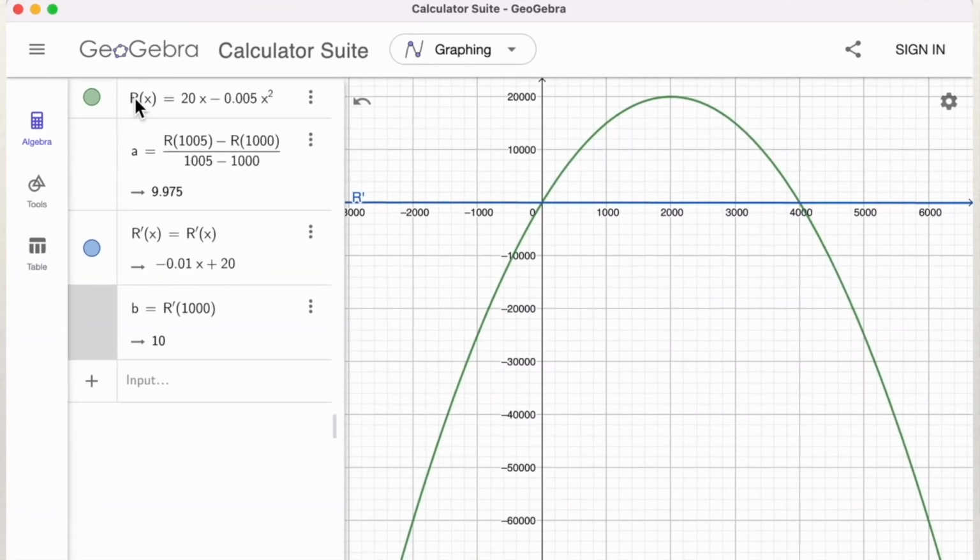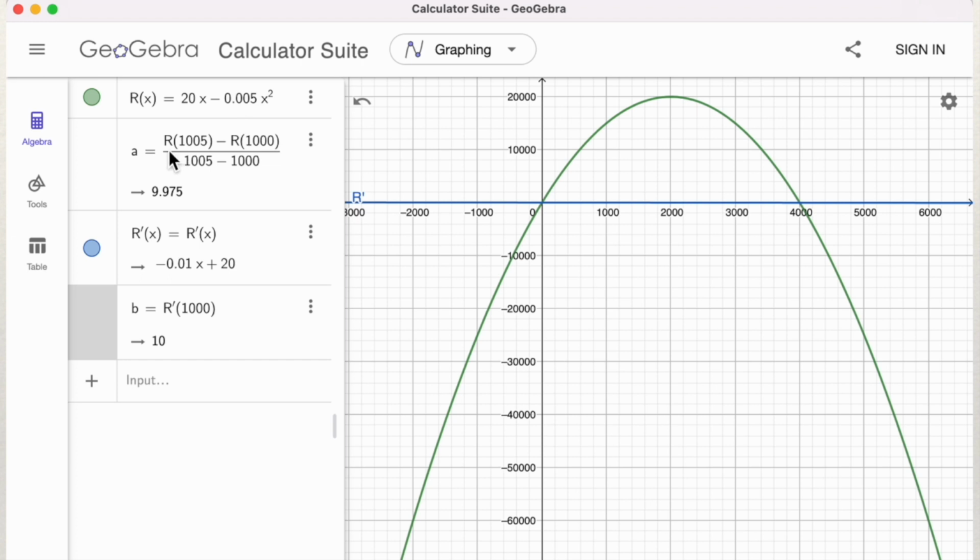I open GeoGebra and first define the function in the input area of the calculator suite of GeoGebra. So r of x equal 20x minus 0.05x squared. Type the function, press enter. Now the function is defined in GeoGebra.